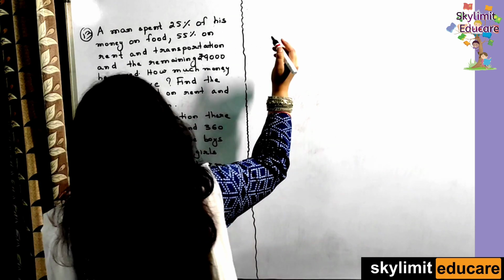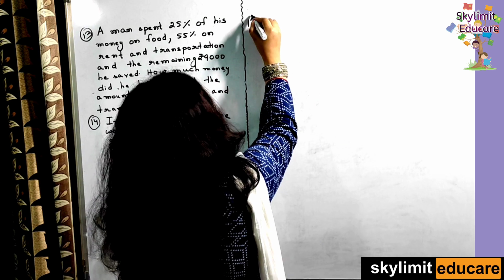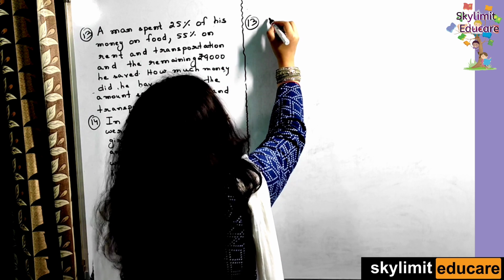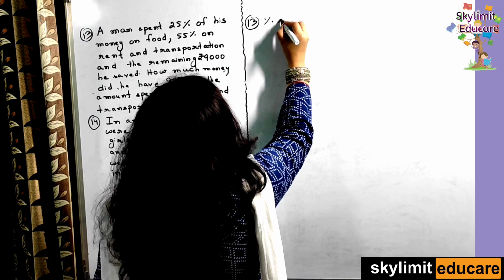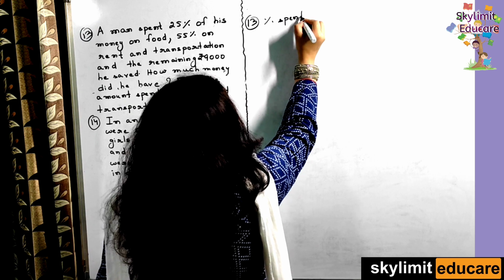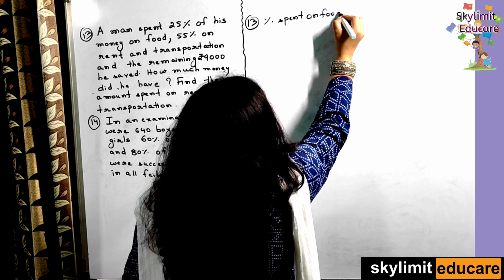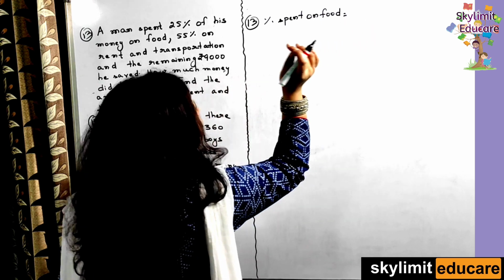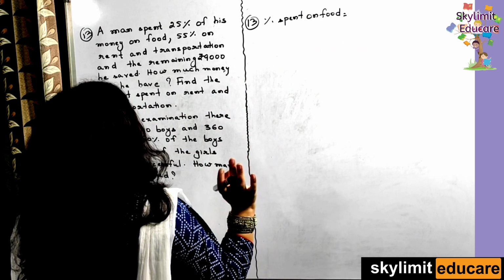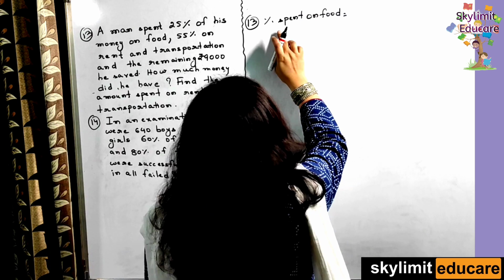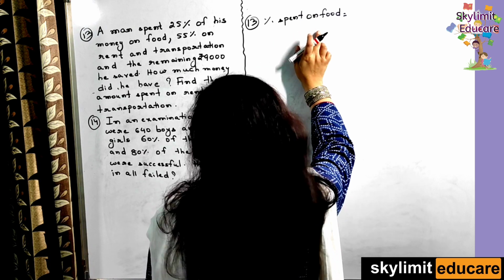Okay, so let's write down whatever is given to us. Percentage spent on food. So a man had some money. We don't know how much money he had, but he spent some percentage of the money he had on food.